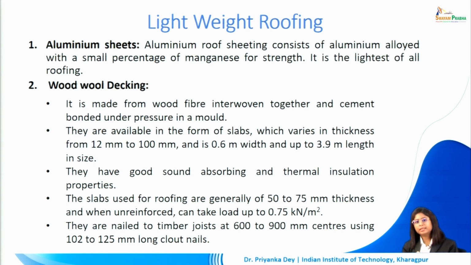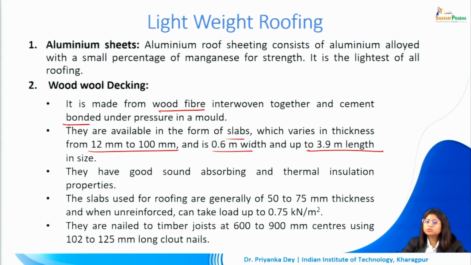The wood wool decking is made from wood fiber, which is interwoven together and cement bonded under pressure in a mold. They are available in the form of slabs, which vary in thickness from 12 mm to 100 mm and are 0.6 meters in width and up to 3.5 meters in length.